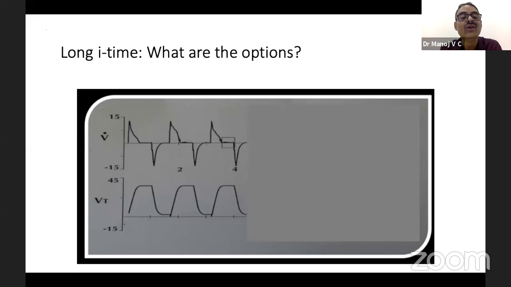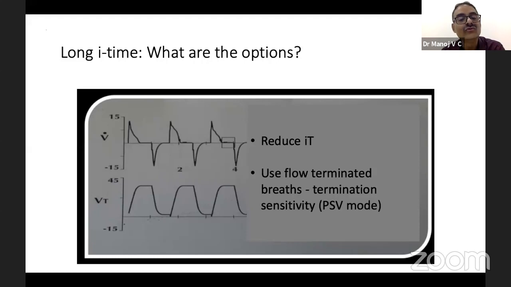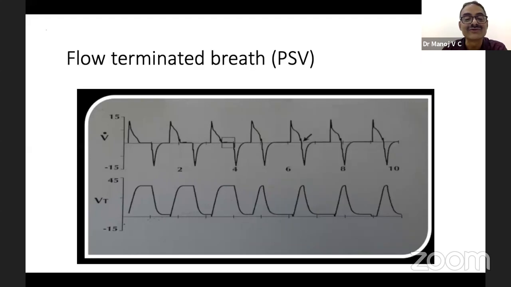And when you have a long I time, what are the options that you have? You can either reduce the inspiratory time or you can use pressure support mode, which is actually a flow terminated breath. We discussed this. I am not going to discuss this further. So this baby was at that point converted to PSV.